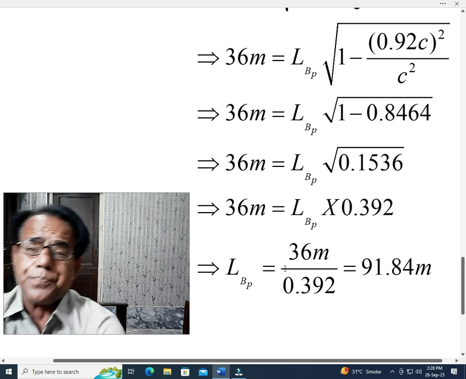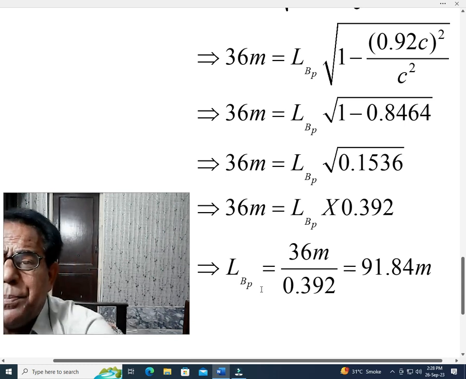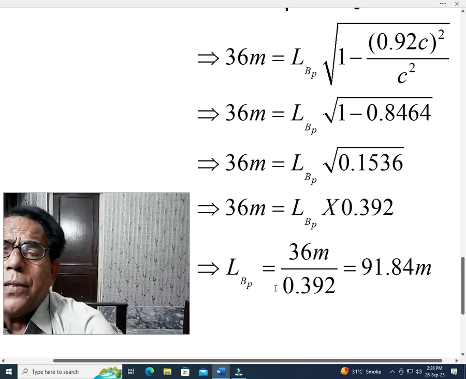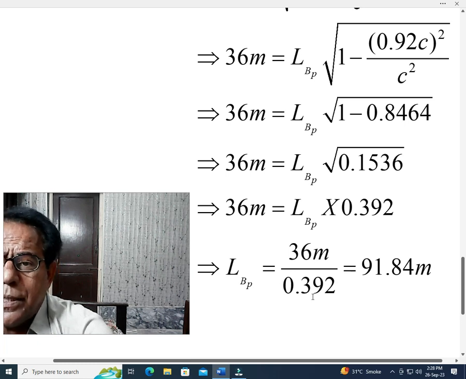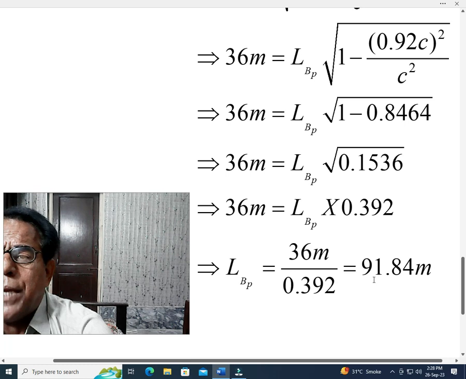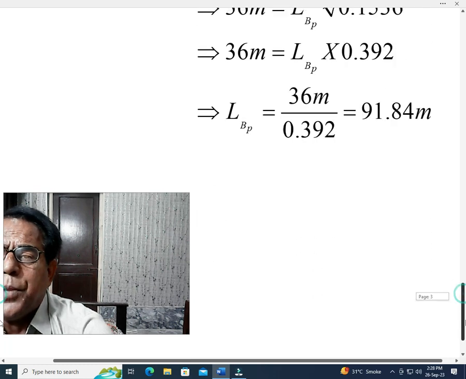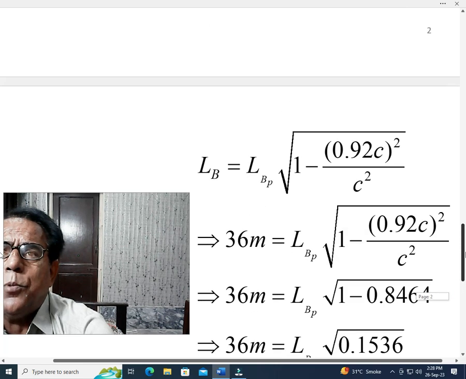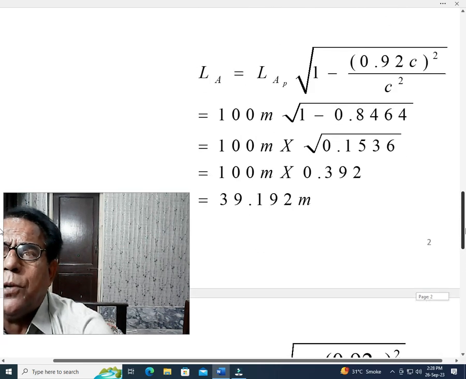Hence the proper length of B is 36 meters divided by 0.392, which becomes equal to 91.84 meters.